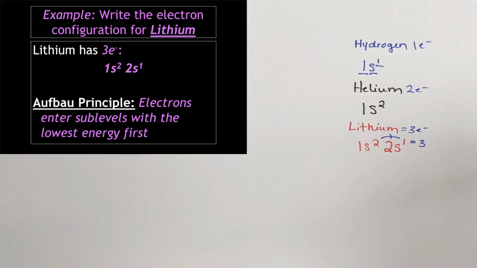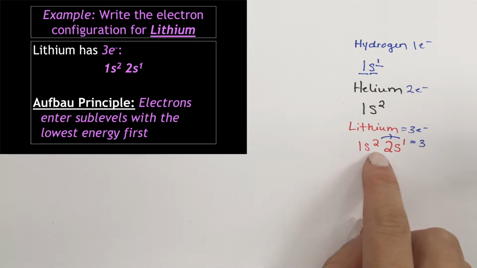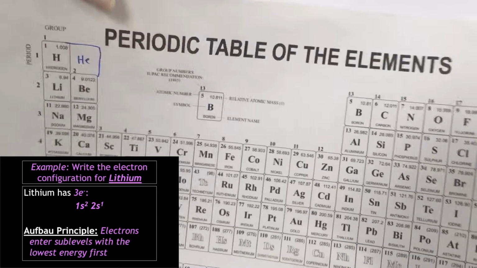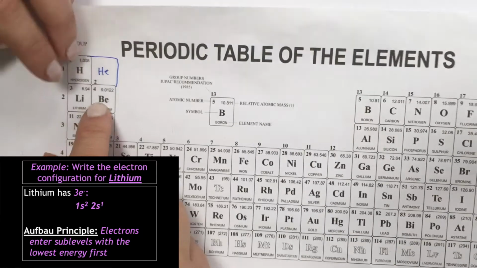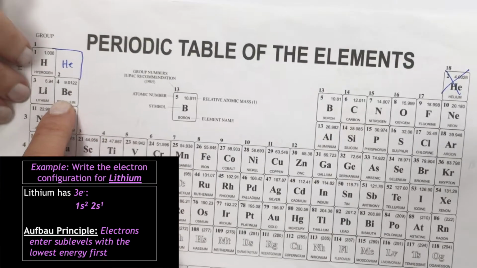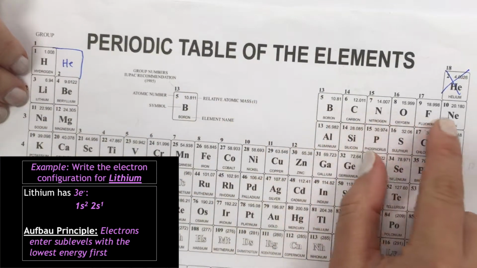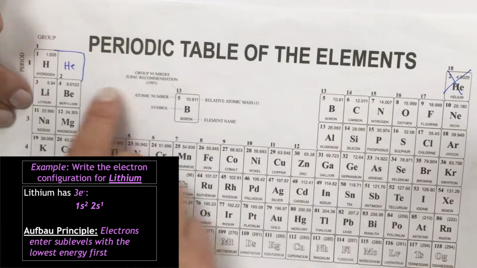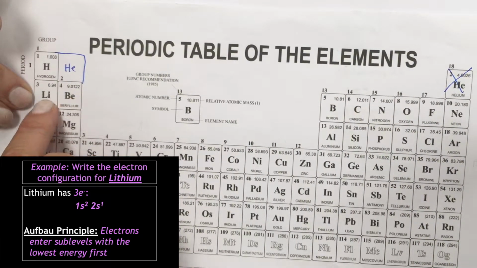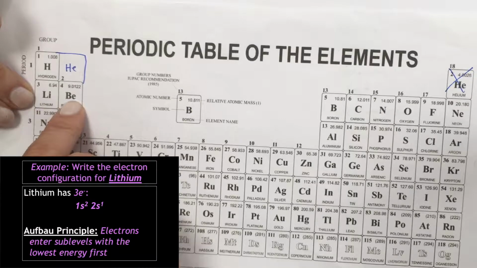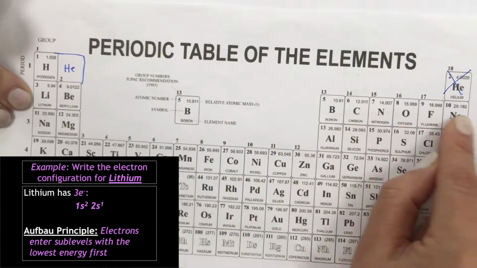Okay, and the Aufbau principle: electrons enter sublevels with the lowest energy first. So that's why we went 1s2. The second energy level has an S sublevel and P sublevels, so the S sublevel goes first. It's the lowest in energy. This is where they want to be before there's a P orbital.